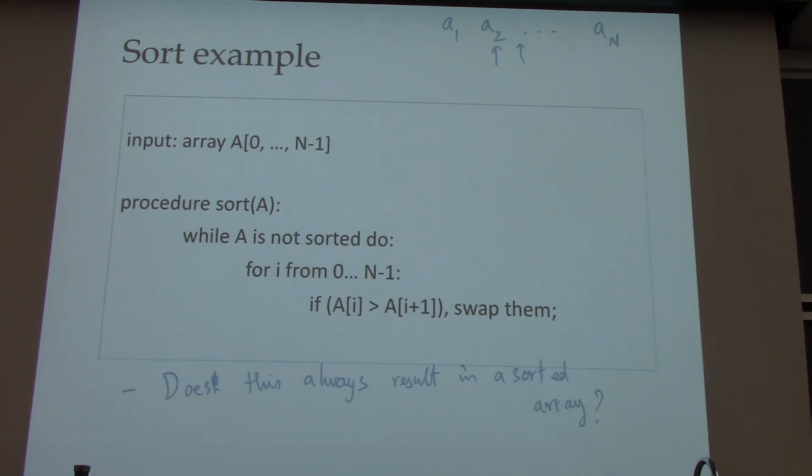You have to prove formally that after this algorithm is done, it returns a sorted array. In this case it is trivial, because the loop runs as long as it's not sorted. So the way I have written it, it is true.